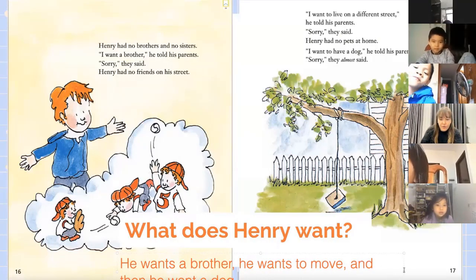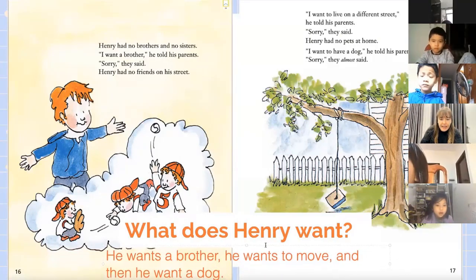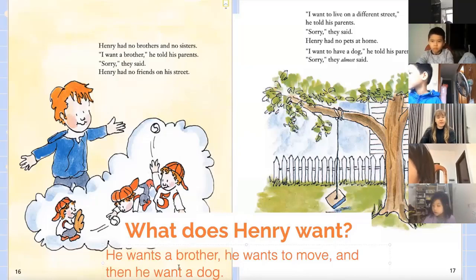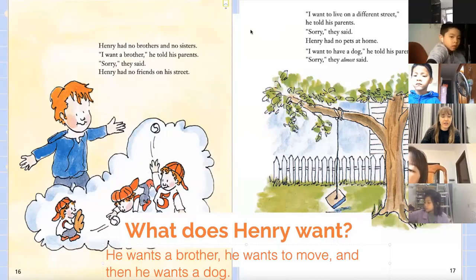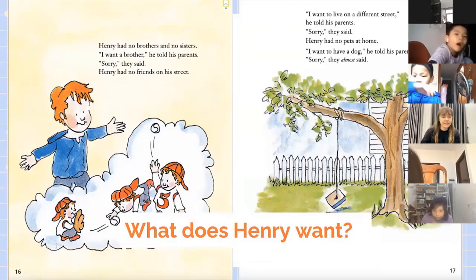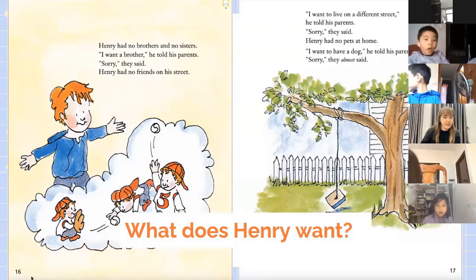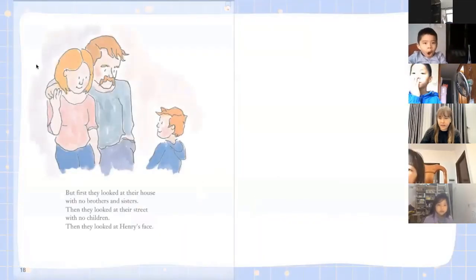Then he wants to move. His parents say sorry again. And then he asks for a dog. He then wants a dog. And let's see if his parents say yes to him having a dog. So he wants a brother, then he wants to move, and then he wants a dog. All right, let's find out if Henry is able to get a dog.